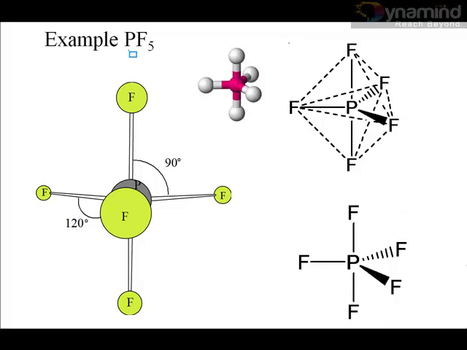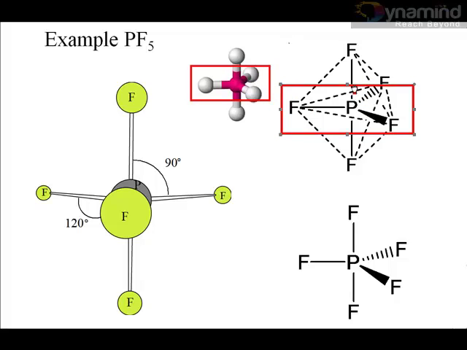So example for this is PF5, and if you see the three-dimensional structure, the triangular base is this. These three atoms. The top is this, which is perpendicular to this triangular base, and the bottom is this, which is again perpendicular to this triangular base. This triangular base is shown here in this diagram like this. See, this F is included, so I'll just include this F. This is a triangular base.